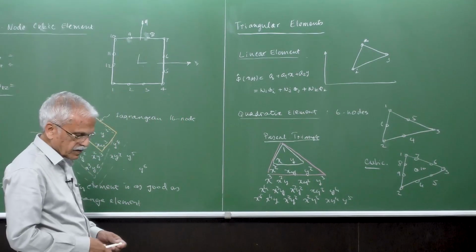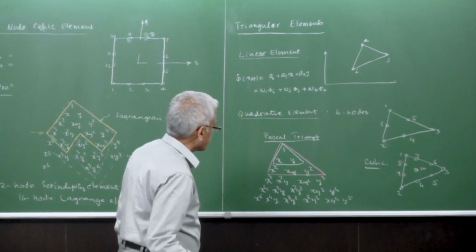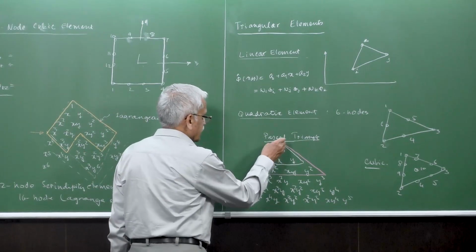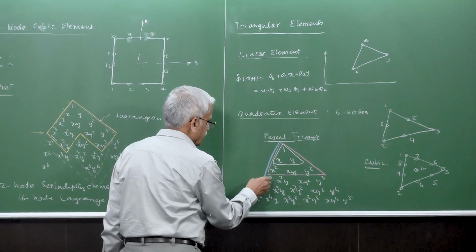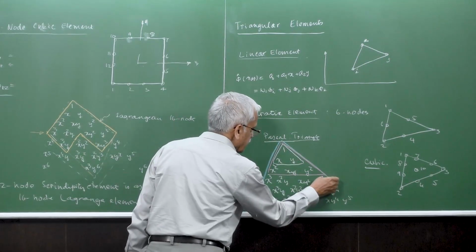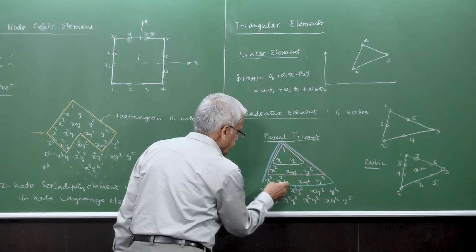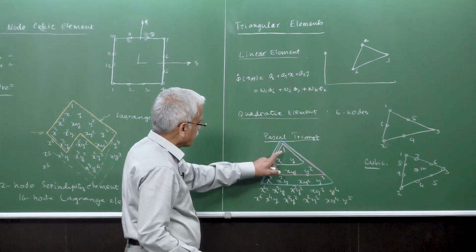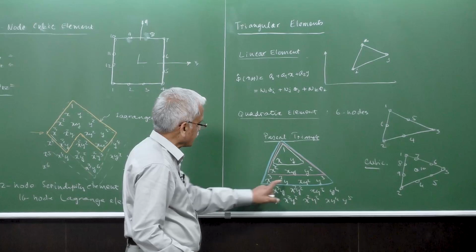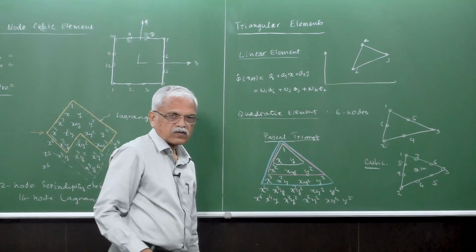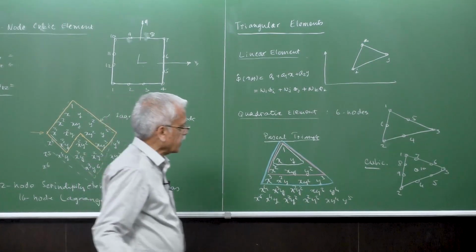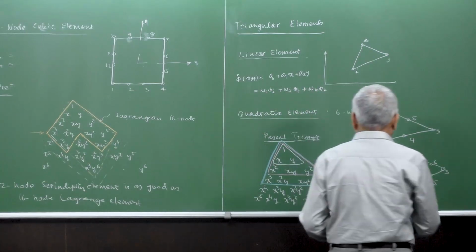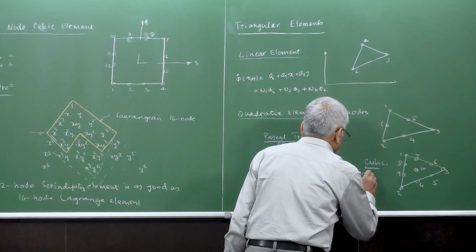The 10 terms necessary for cubic are this one up to here. You can see that to complete this, we need 1, 2, 3, 4, 5, 6, 7, 8, 9, 10. So we require 10 terms, and then we require 10 nodes.